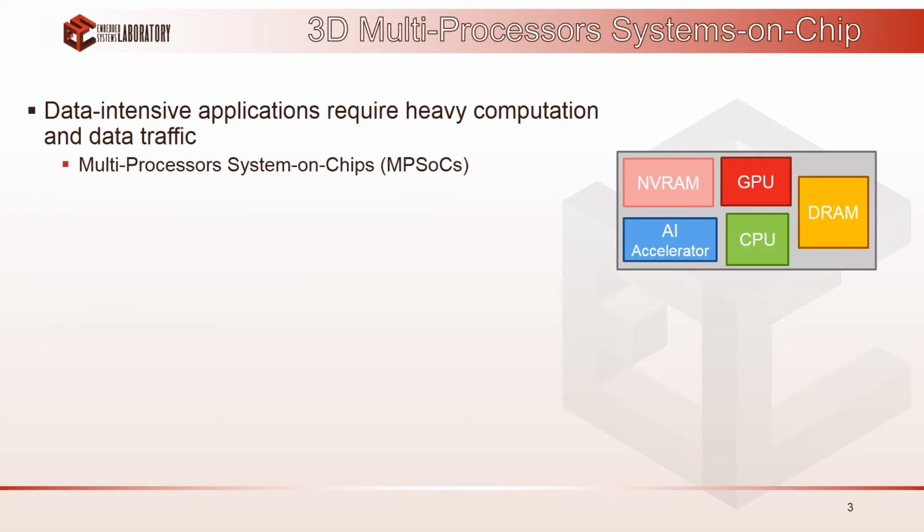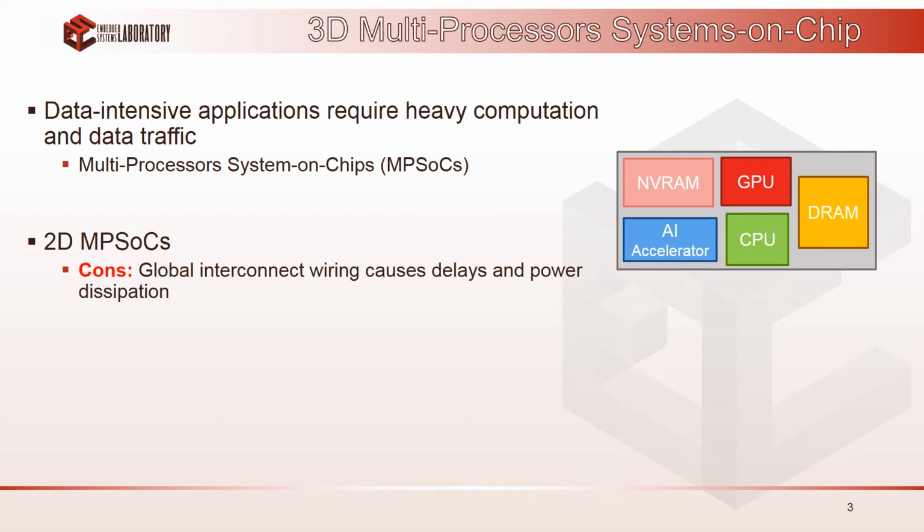Nowadays, many data-intensive applications necessitate high computing power and high data transfer rates, and they often run in multiprocessor platforms, or MPSoCs, that can contain multiple CPUs. They contain GPUs, application-specific accelerators, and also different types of memories.